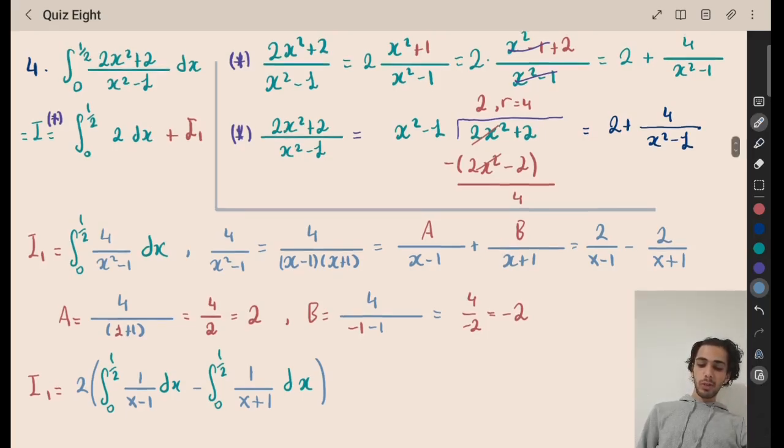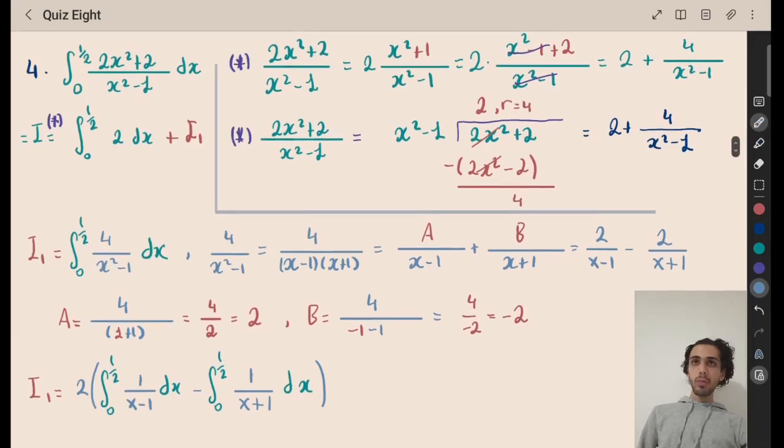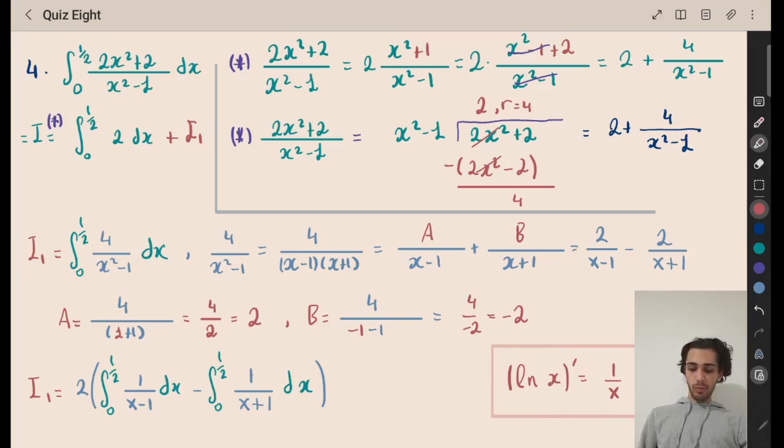So the derivative of what gives us this? And the answer here is the ln function. The derivative of ln of x is 1 over x. That is a good note for you to write.